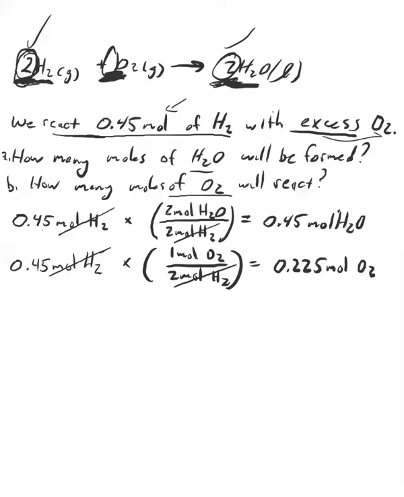Okay, so what this tells us is that every time we react 0.45 moles of H2, it reacts with 0.225 moles of O2, and that is going to give us 0.45 moles of H2O.